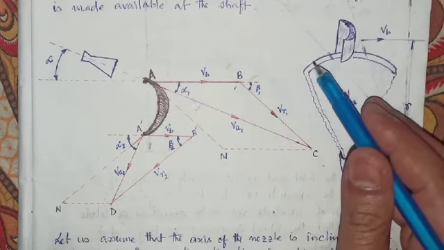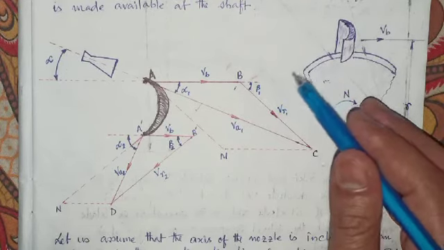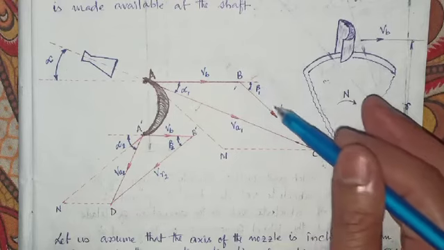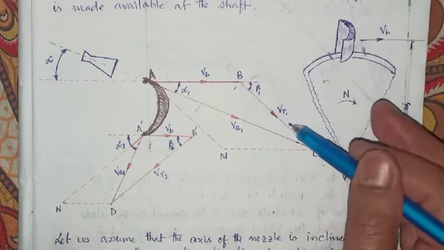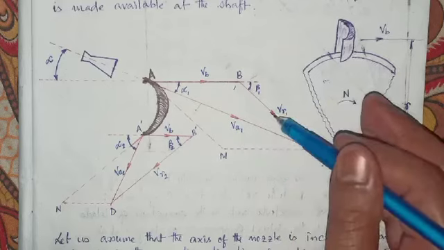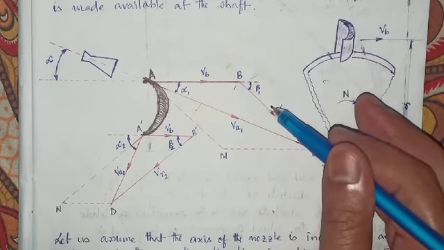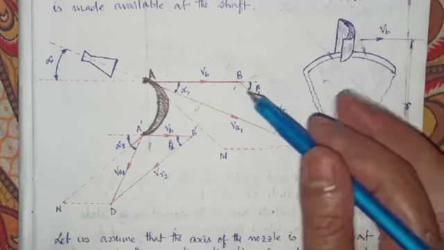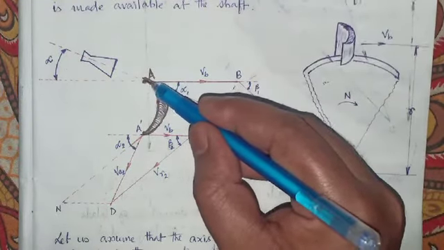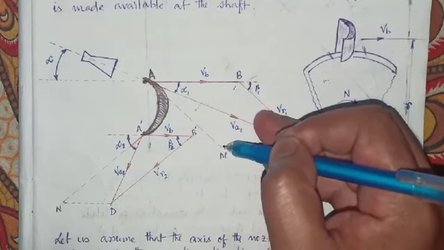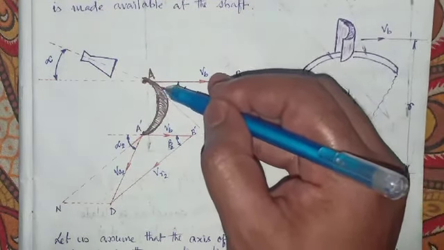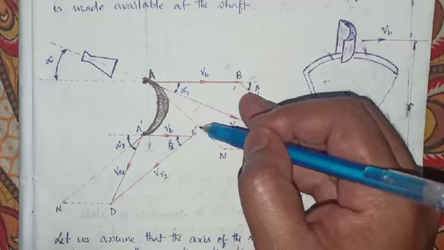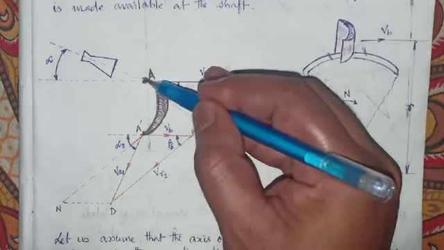For smooth flow without any shock or disturbance in the blade passages, this VR1 should be tangential to the blade profile at the inlet to the blade. Blade profile means the inside portion. Suppose this dotted line is tangential to the inside portion of the blade.